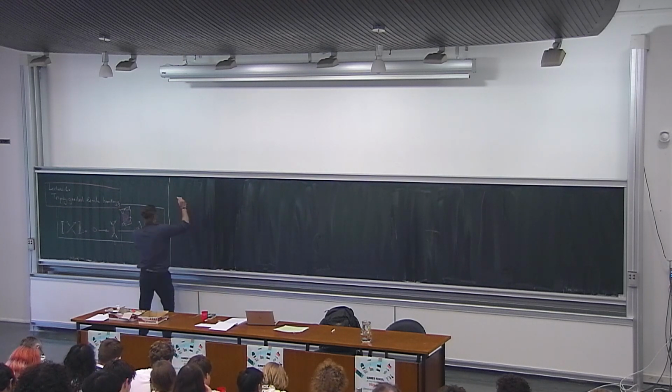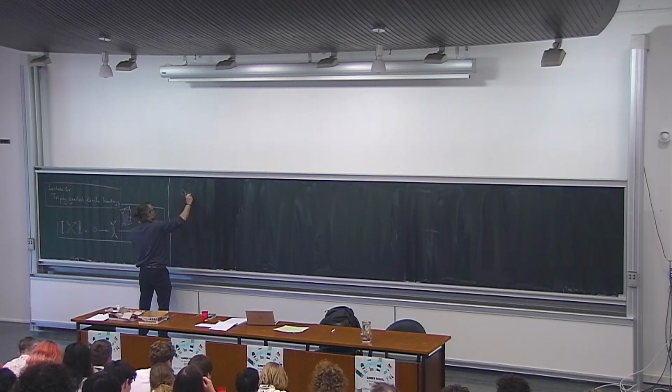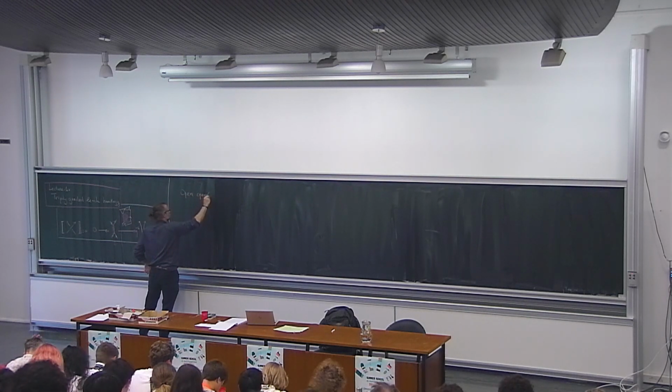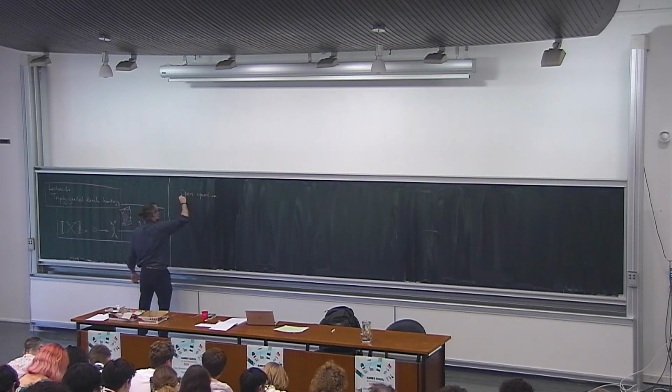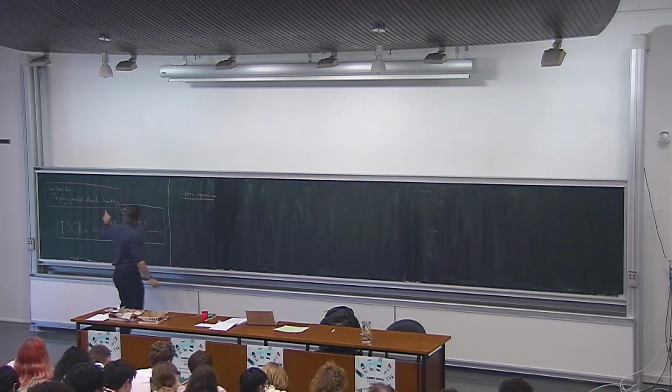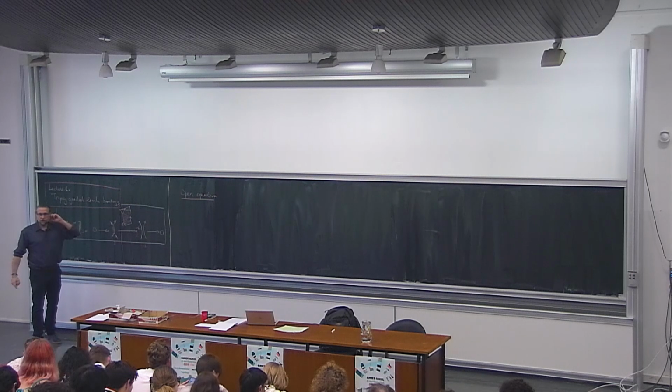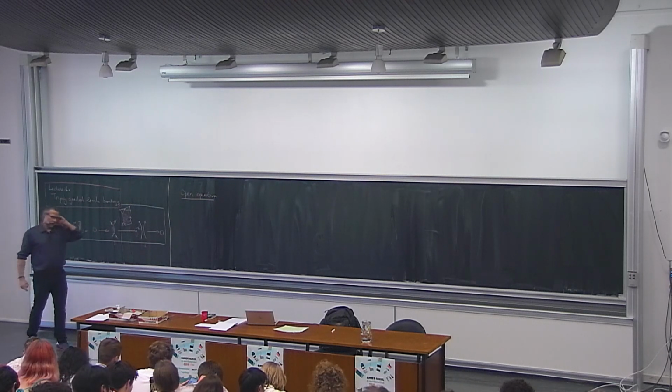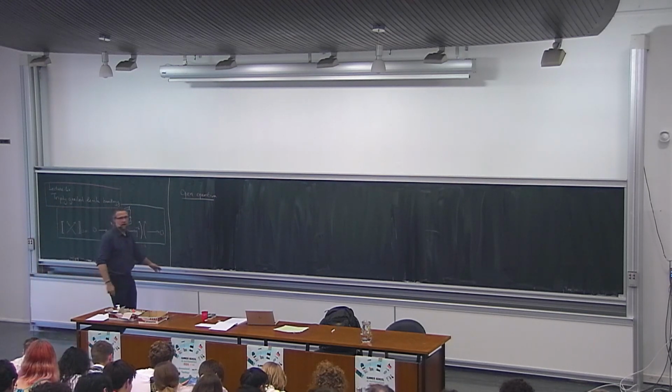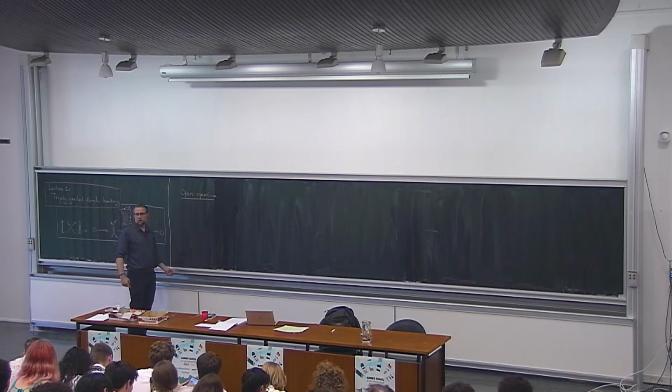So what I'm going to discuss today is this triply graded link homology. This is introduced by Khovanov and Rozansky, and also work of Dunfield, Gukov and Rasmussen. I will put the names afterwards on the board.